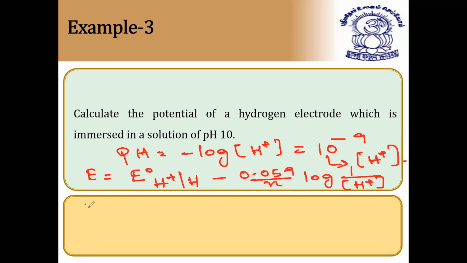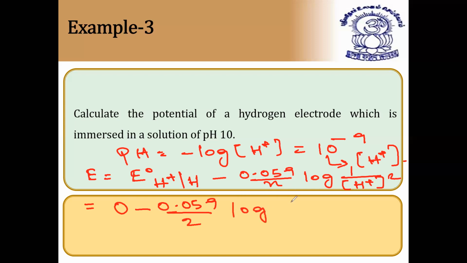Since hydrogen is an H2 molecule, we have to take 1 by concentration of H plus whole square, and here the number of electrons is 2. Now E degree of H plus to H they will not give, because it is the standard hydrogen electrode, taken as 0. So 0 minus 0.059 by 2, because 2 H plus goes to H2.